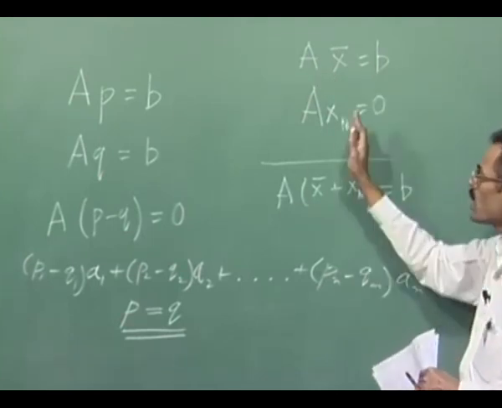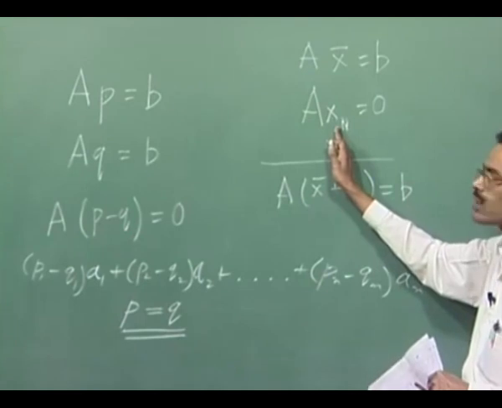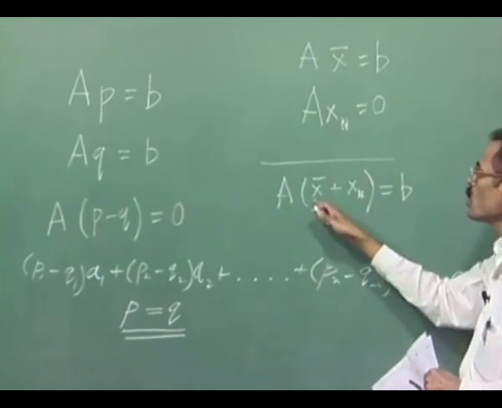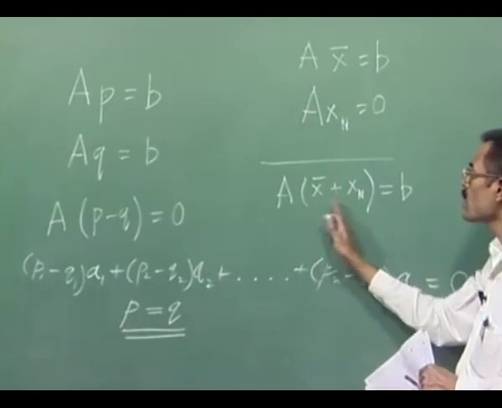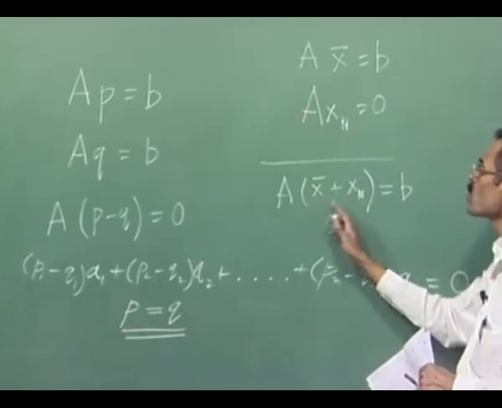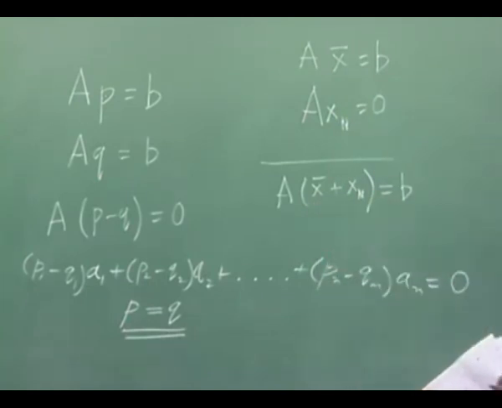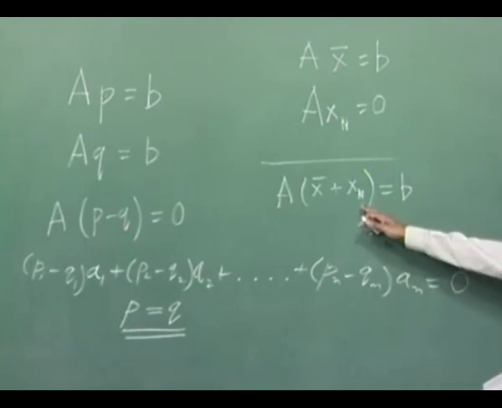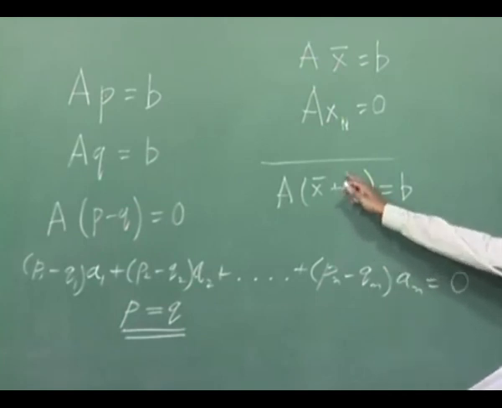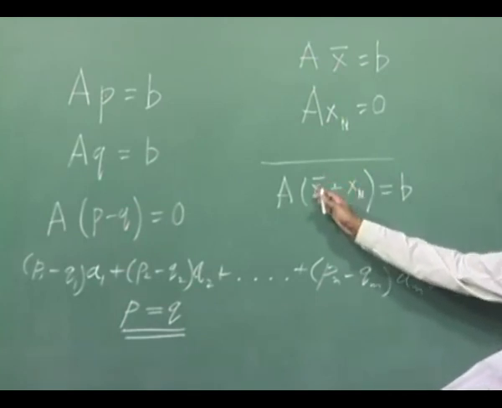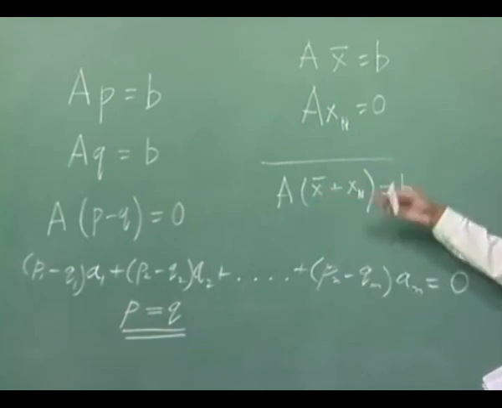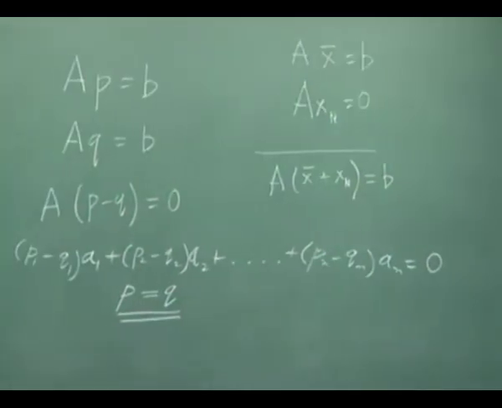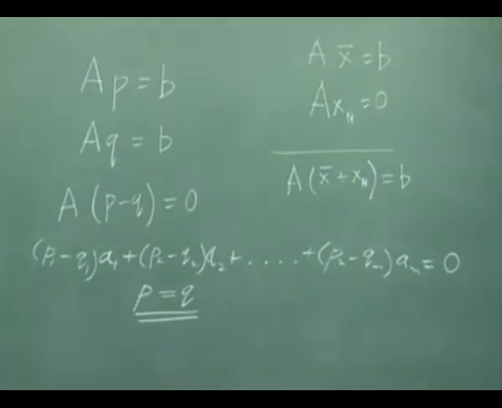That means for every member of the null space x n, if we add that to a solution of the original system, then this sum is also going to be a solution of the original system. And since the null space has infinite members, so adding any of them will get yet another solution. So that will characterize the complete solution of the linear system Ax equal to B. So now we have two sub problems.